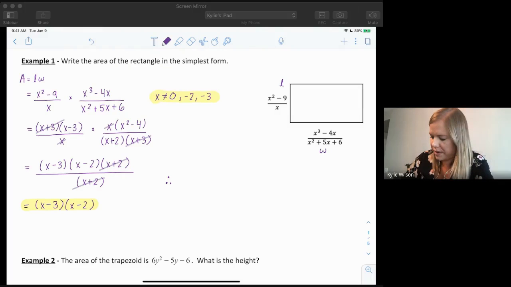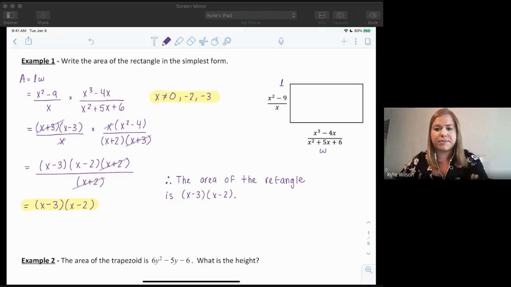So say, therefore, the area of the rectangle is x minus 3, x minus 2. And that's our final answer.